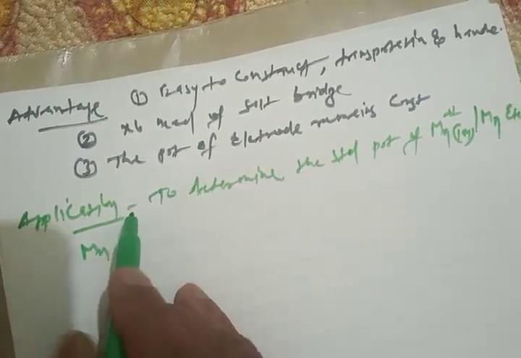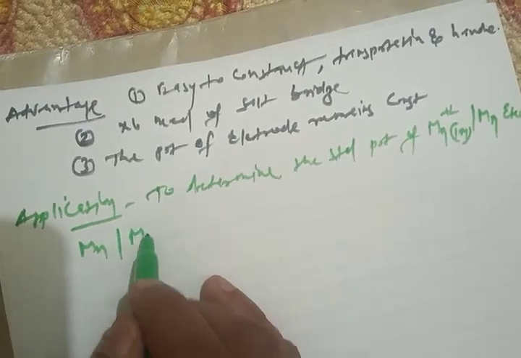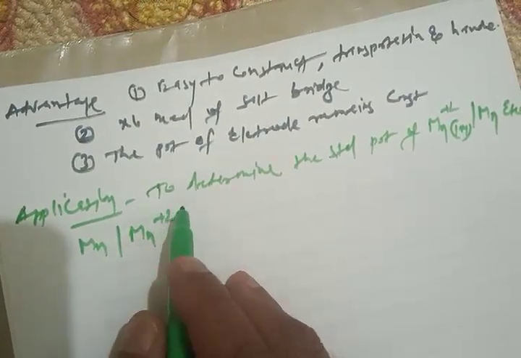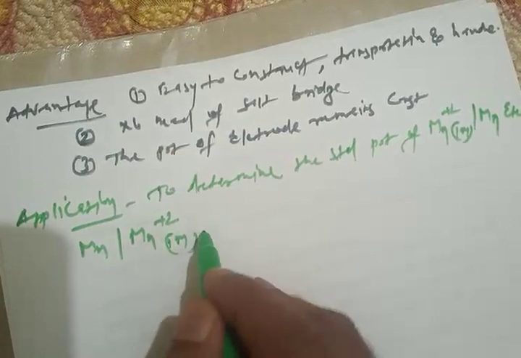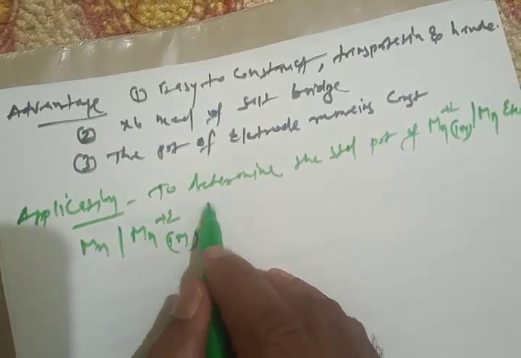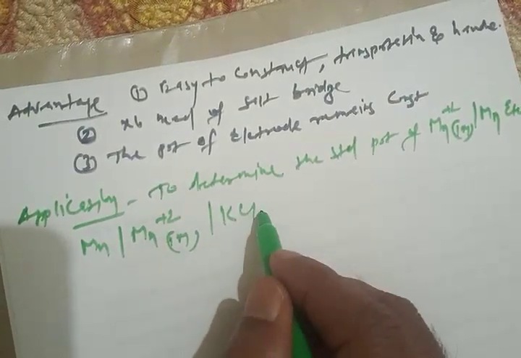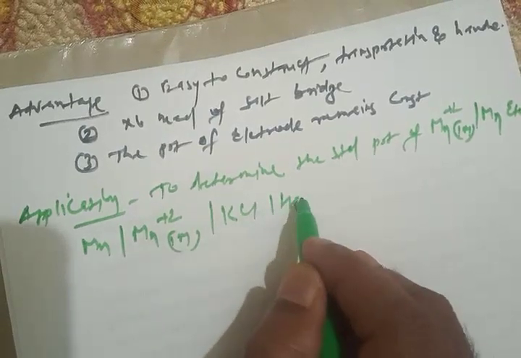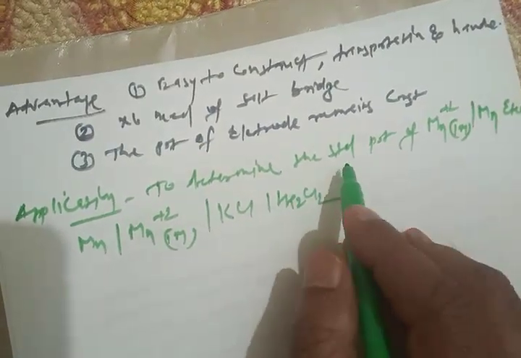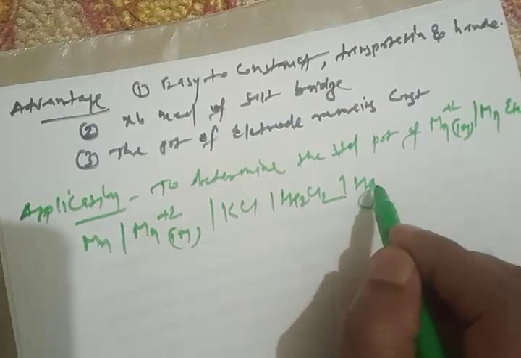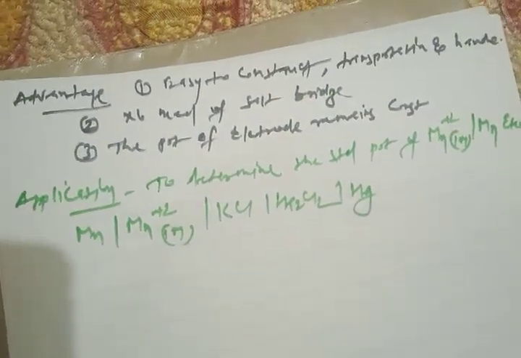So we'll first construct the cell: Mn, Mn plus 2 (1 M), then KCl, Hg2Cl2 with Hg. Okay, so this is the construction of the cell.